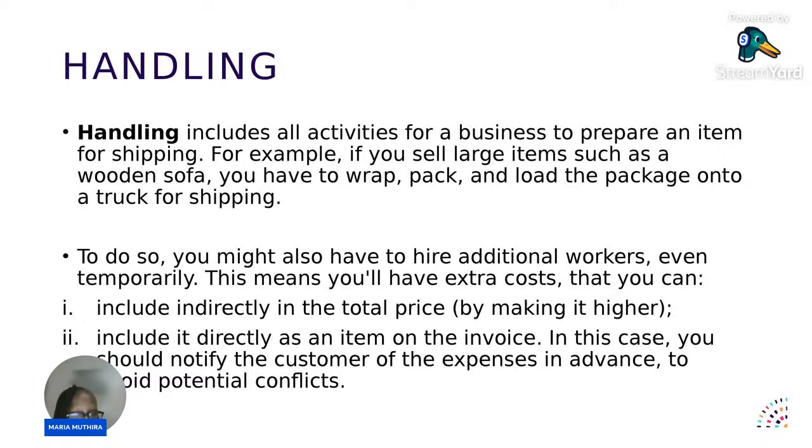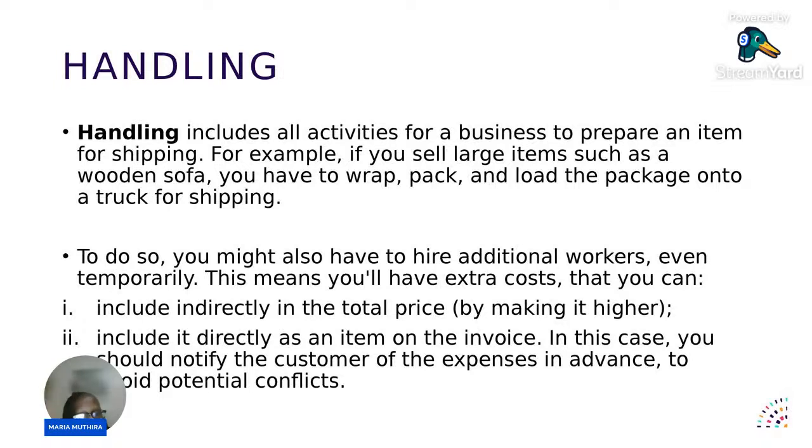Then two, you can include it indirectly. So if the sofa was 30,000 and you incurred an extra 3,000 to hire people to come and wrap the sofa, to load it, the price that you'll mark the sofa will be 33,000.